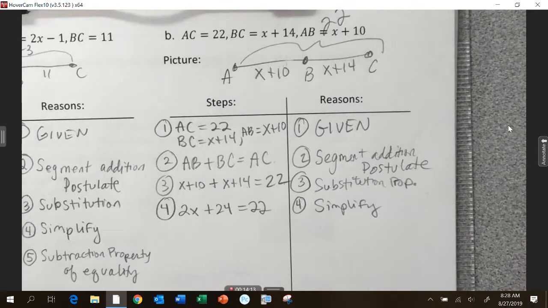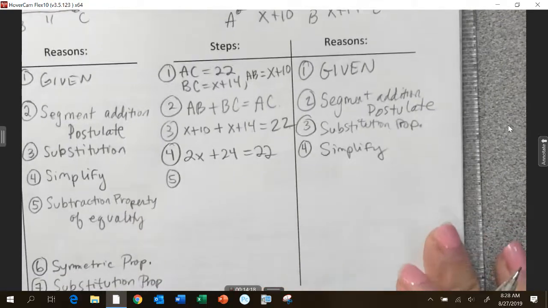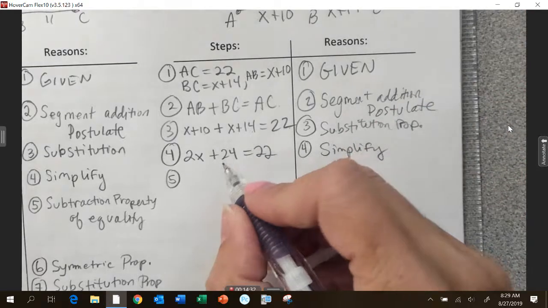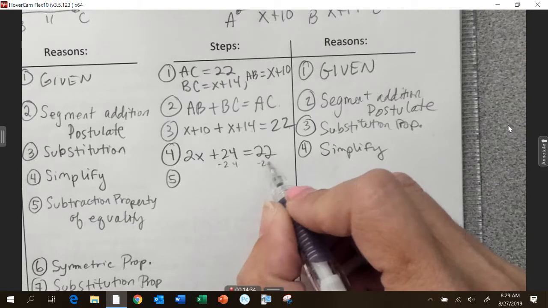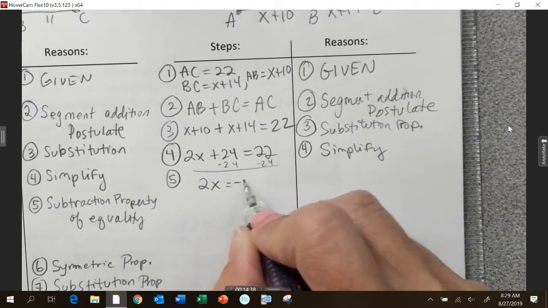Either would be fine. Aaron, I'm going to ask you, what should I do next? Subtract 24 from both sides. It's going to give me 2x equals negative 2.